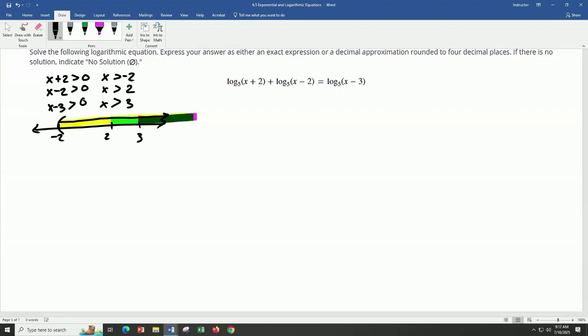I have the same basis, which means I have a plus sign, which means I can do what? Multiply. So can I not rewrite the left-hand side as this? x plus 2 times x minus 2.